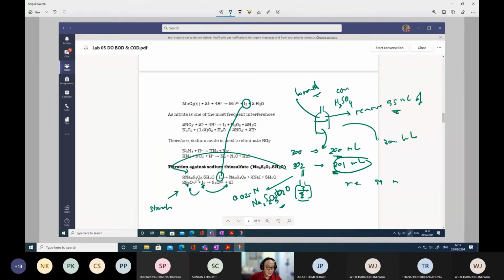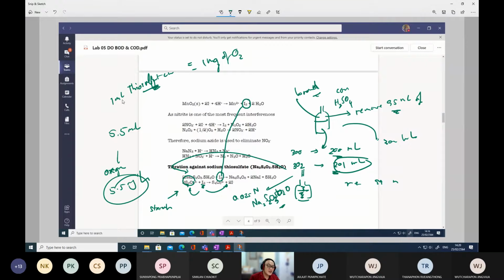Then we record the volume of the thiosulfate used. 1 ml of the thiosulfate consumed is equivalent to 1 milligram of oxygen. For example, if we titrate against the sodium thiosulfate and it consumes 5.5 ml of the thiosulfate solution, it means that the dissolved oxygen found in this sample is also 5.5 milligrams per liter.